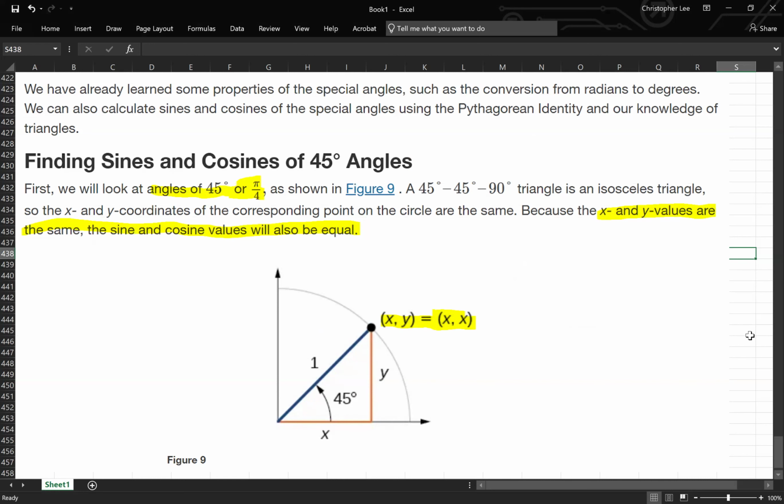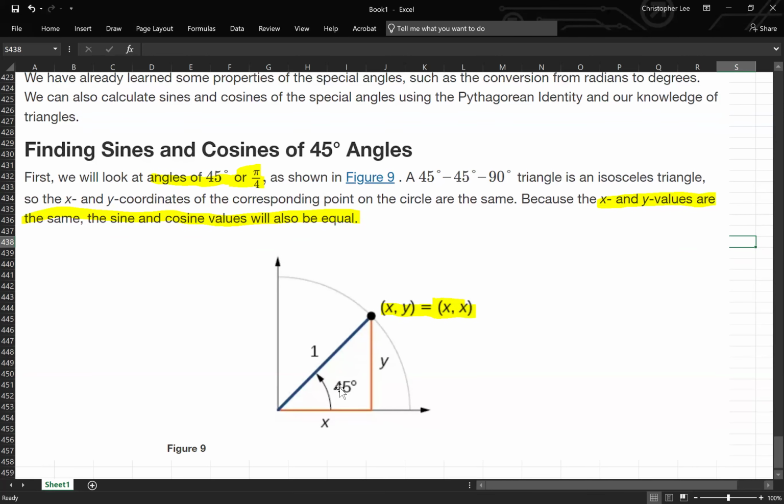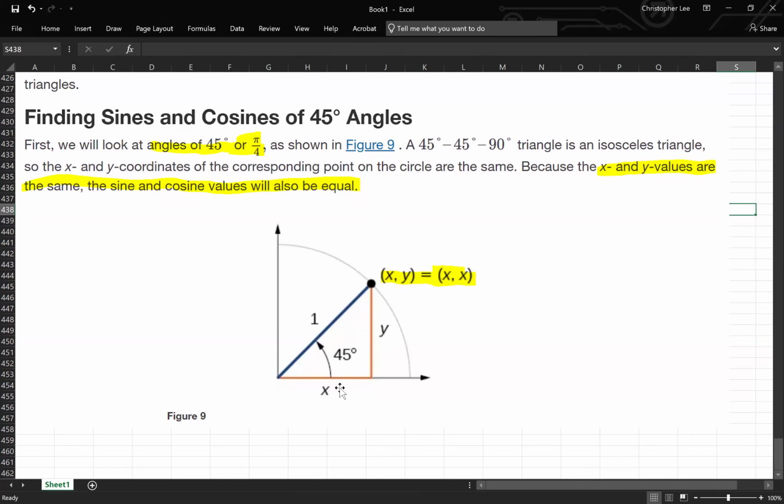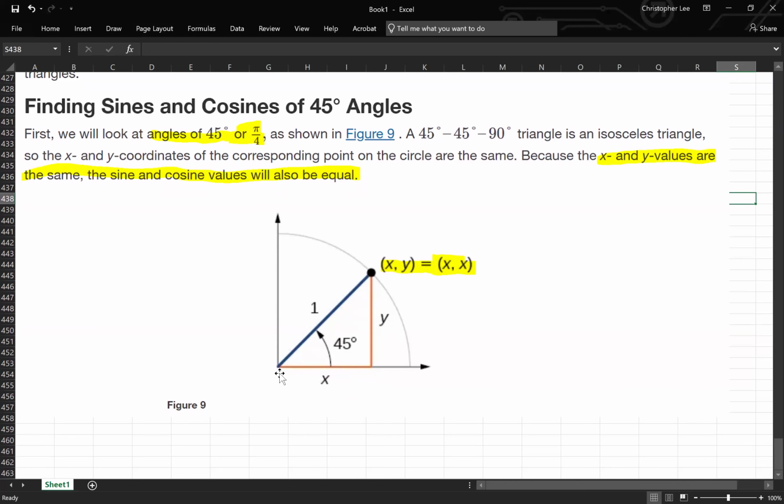So first we will look at an angle of 45 degrees or pi over 4, as shown in the figure right here. So a 45, 45, 90 triangle is an isosceles triangle, so the x and y coordinates of the corresponding point on the circle are the same. Because the x and y values are the same, the sine and cosine values will also be equal.